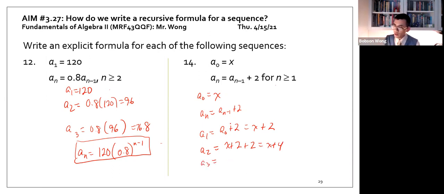So a sub n minus 1 plus 2 is going to be x plus 4, and so we see a pattern here.